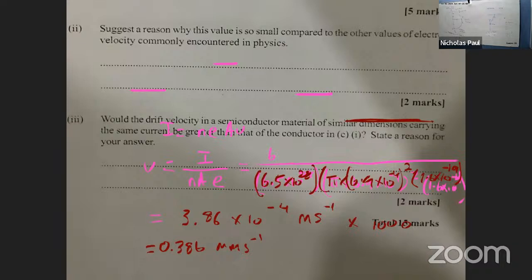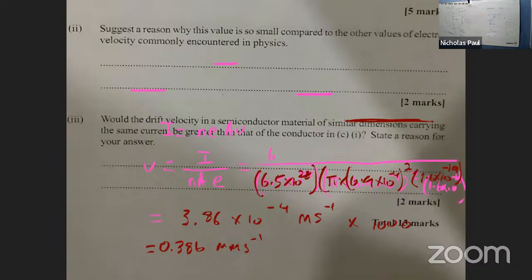Okay, multiply by 1,000. So 1 meter is 1,000 millimeters, so multiply by 1,000.